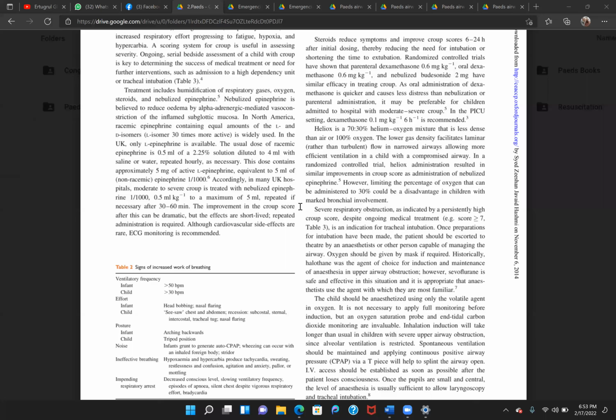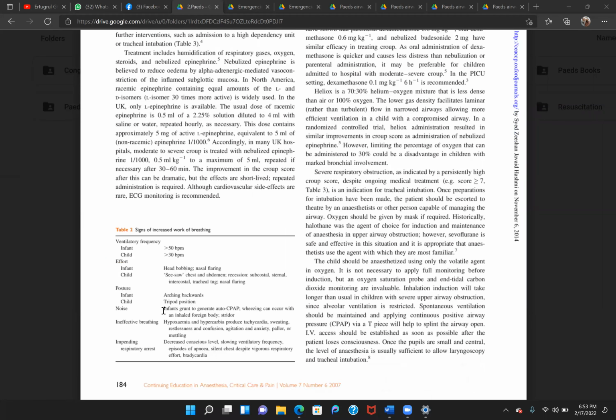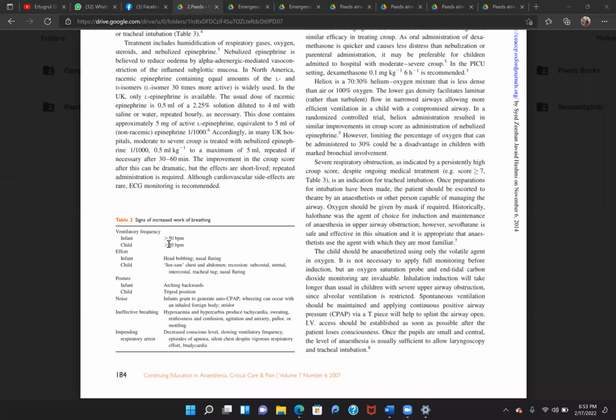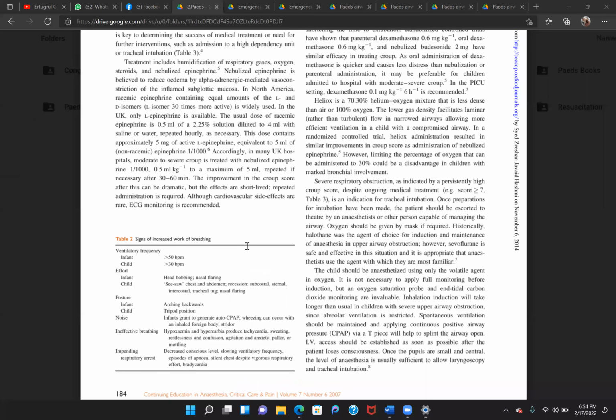If we evaluate according to the general signs of respiratory obstruction, these will be the posture of the baby, the respiratory rate, and stridor.